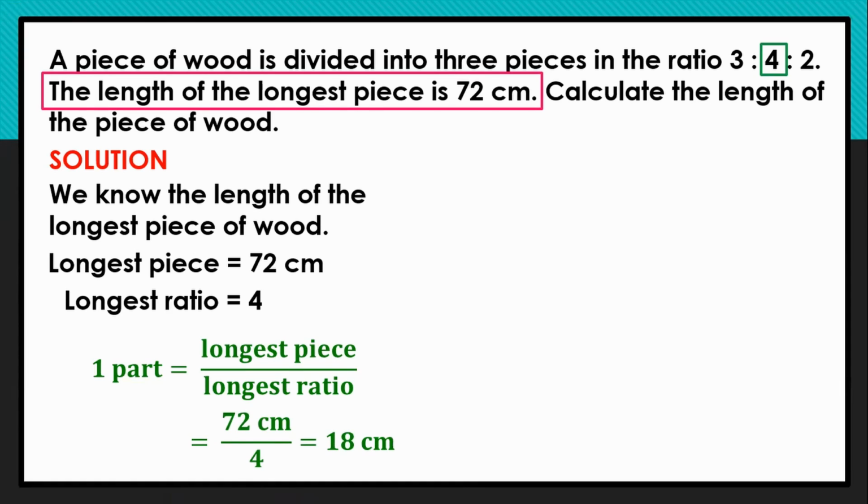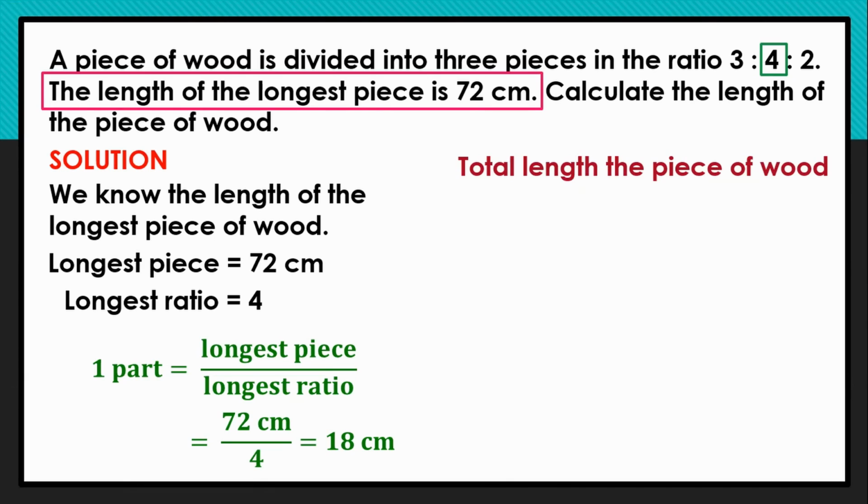The question requires us to calculate the length of the piece of wood. So to calculate the length of the piece of wood, we are going to multiply 1 part by the total parts. So in this example, the wood is broken into 9 parts.